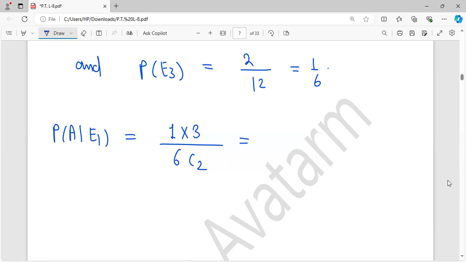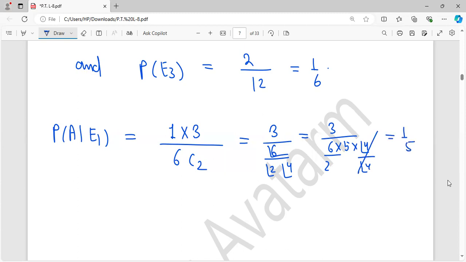So this is 3 upon 6 factorial upon factorial 2 factorial 4. So we have 3 upon 6 by 2. This is factorial 6, 6 into 5 into factorial 4 upon factorial 4. So this is 1 upon 5.